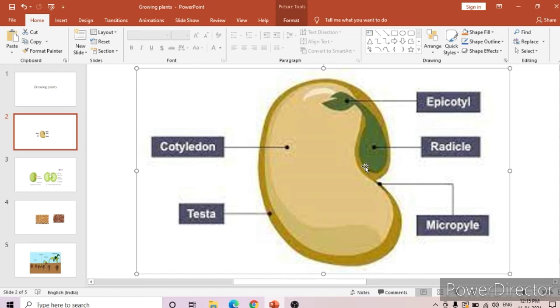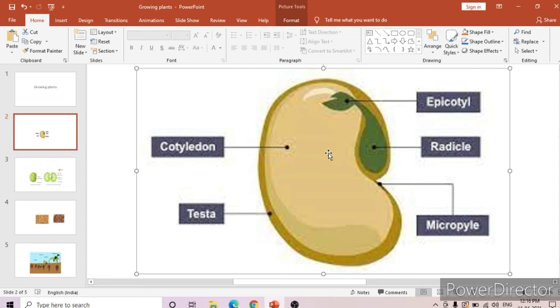So every seed has a coat outside, known as the seed coat. And inside the seed coat, the edible part is present, the white colored leafy part, called the cotyledon. So the seed coat is the outer layer, and inside the seed coat, cotyledons are present.